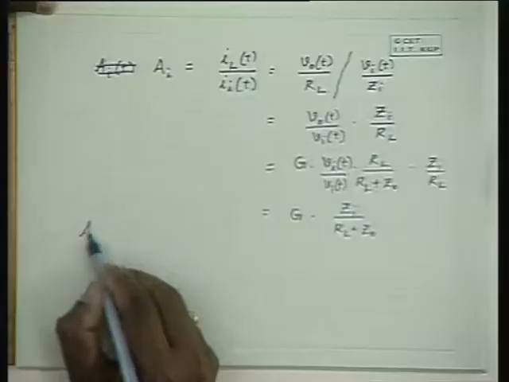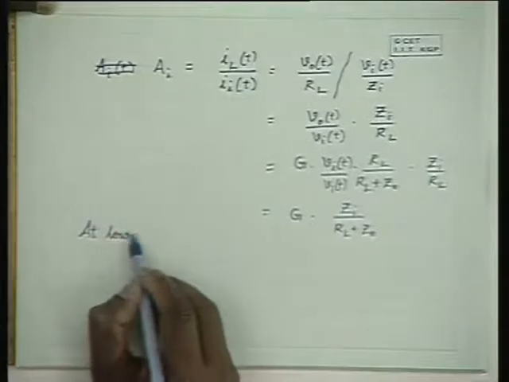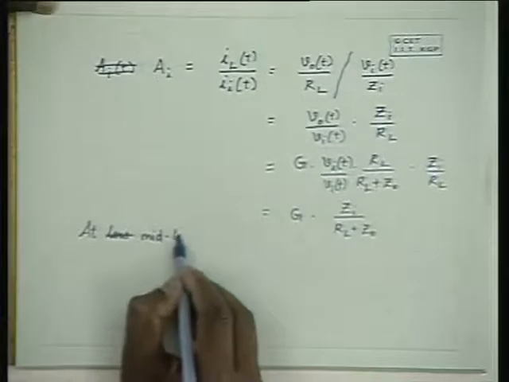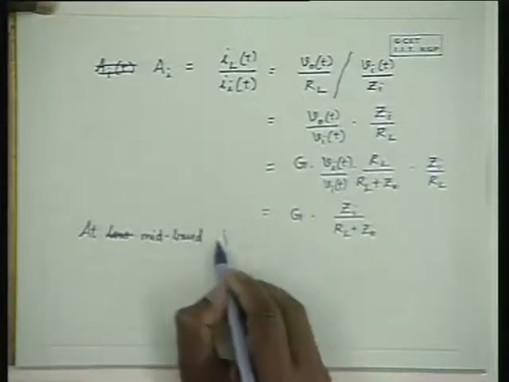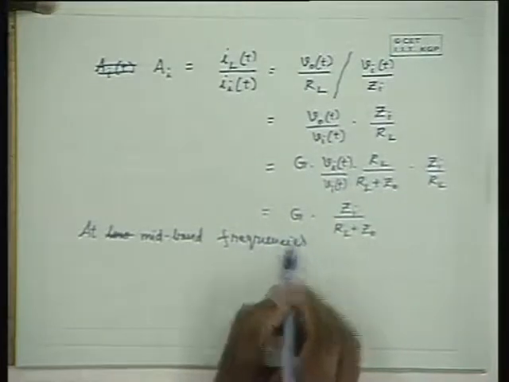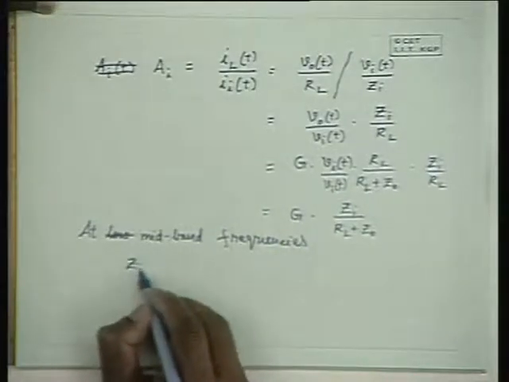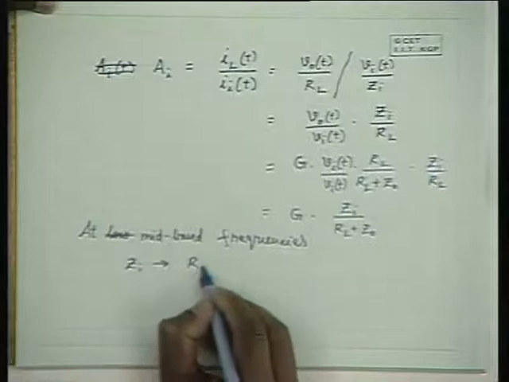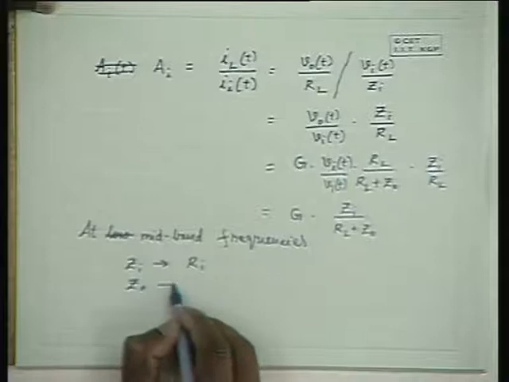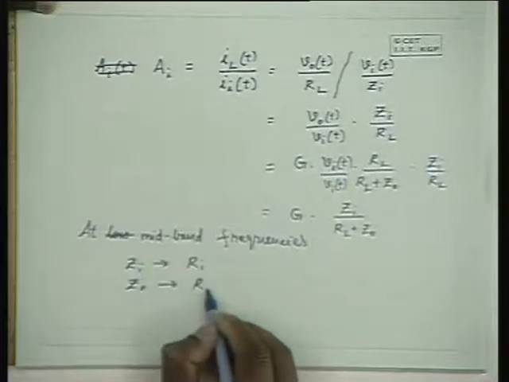So, normally at low frequencies, are at mid-band frequencies. I'll explain why mid-band later. So typically, Zi tends to be a real quantity, and that is Ri, and Zo tends to be a real quantity, and that is Ro.